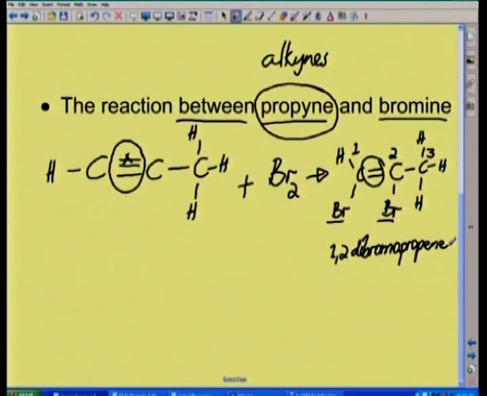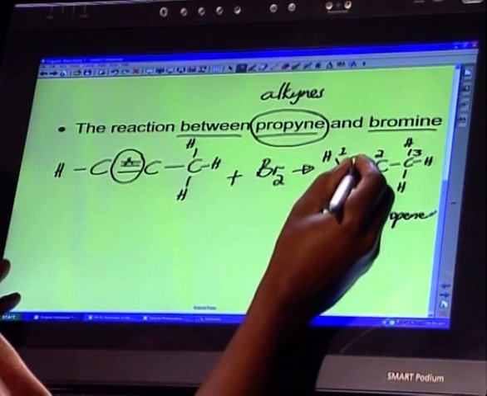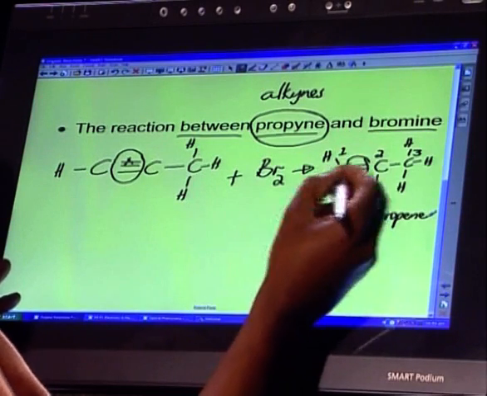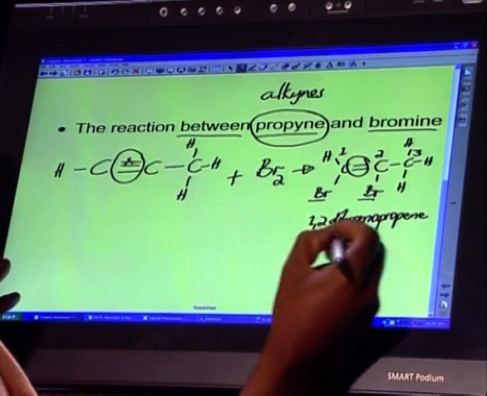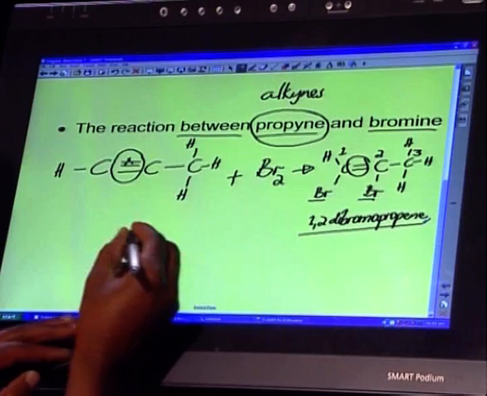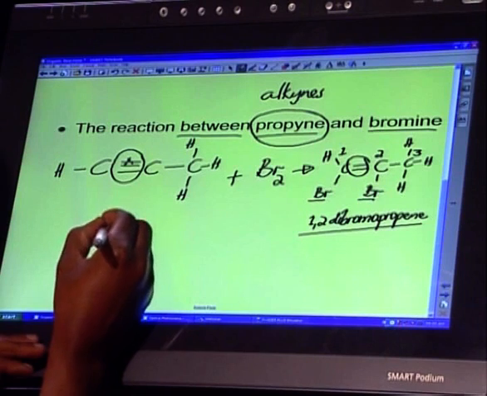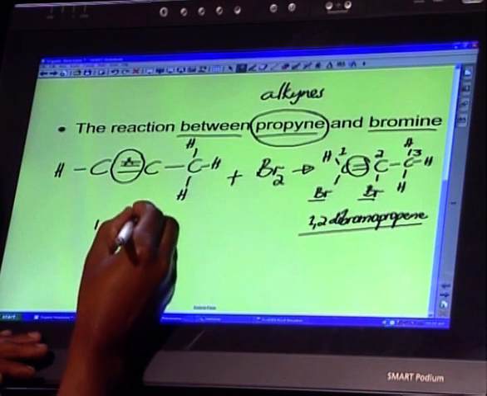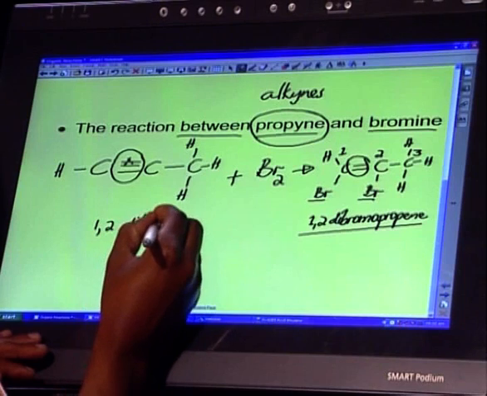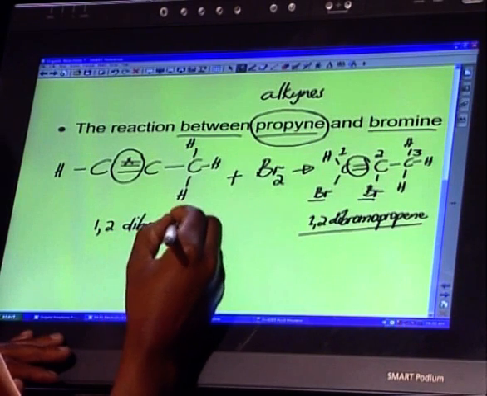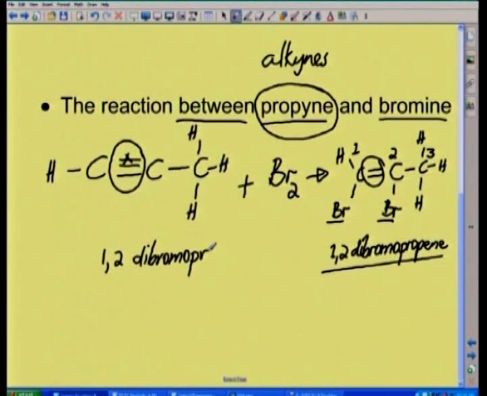Propene. And I can even continue actually to tell you what happens here with where the double bond is, because that is not enough in terms of the IUPAC way of naming. I also need to show where the double bond is. So I can write that in full as 1, 2, dibromo prop.